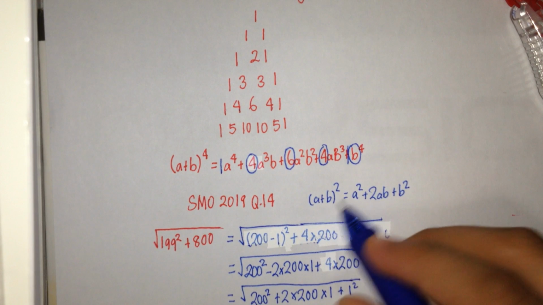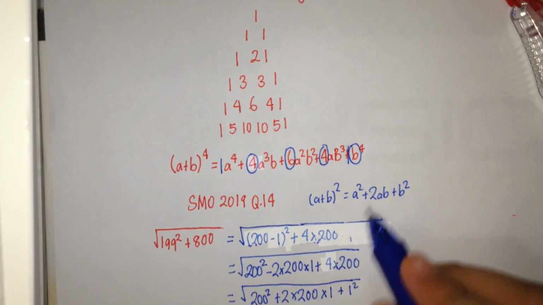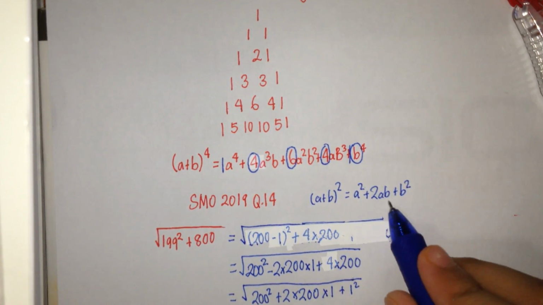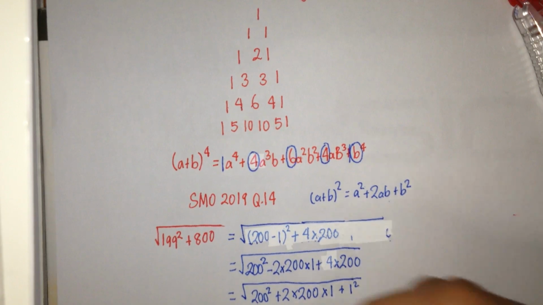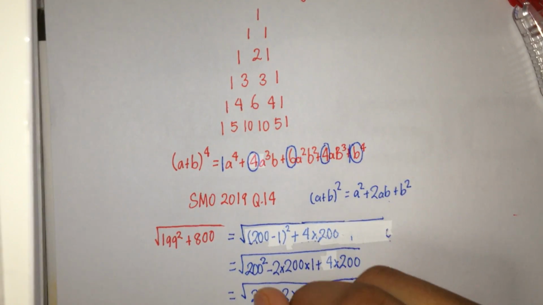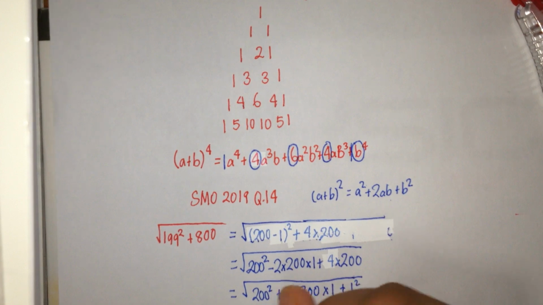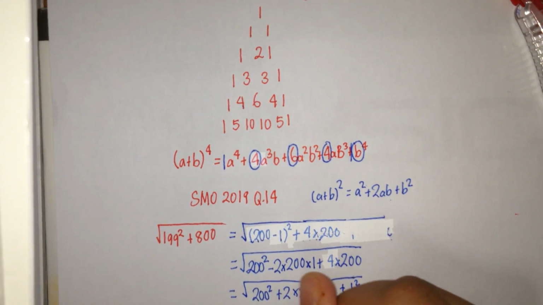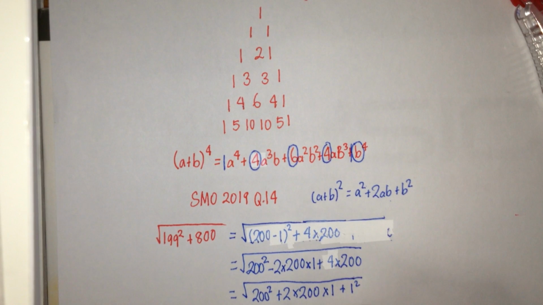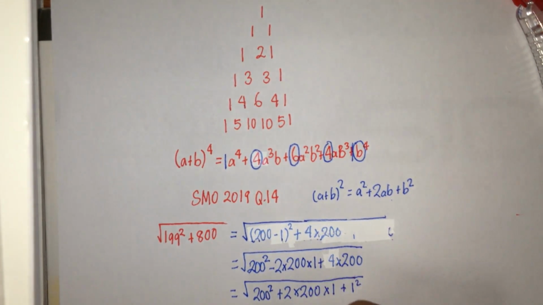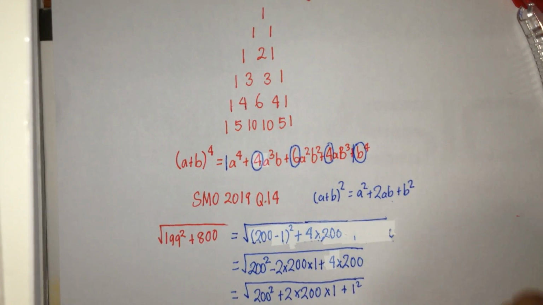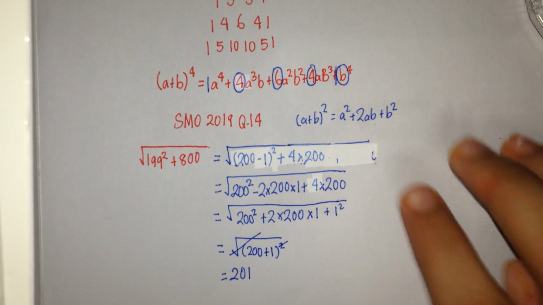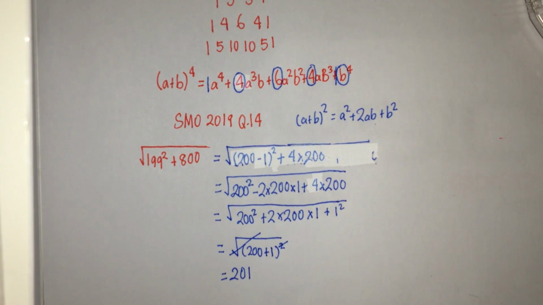Now, this would follow a square, 2ab plus b square. Easily, I can make this root 200 plus 1 square. This and this would cancel each other out, which is equal to 201. You may easily type this into your calculator to prove whether this is real or not.